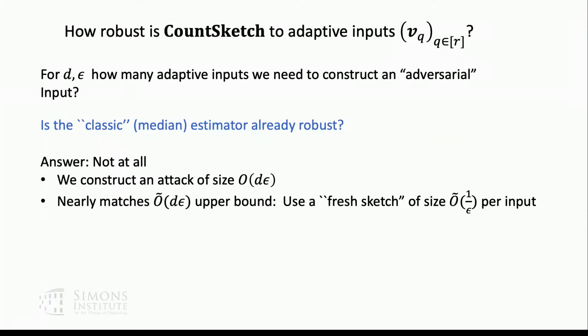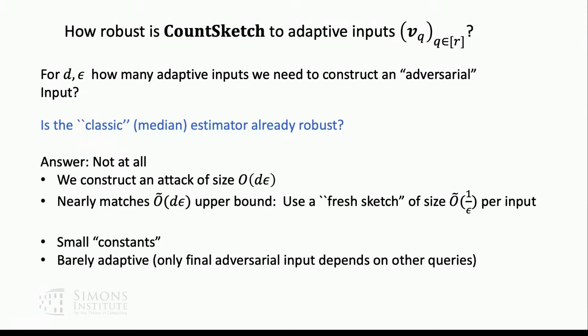That was against our initial intuition. We thought that because of the median it would be a little bit more robust. And interestingly, the attack had a very small constant, and it was barely adaptive.